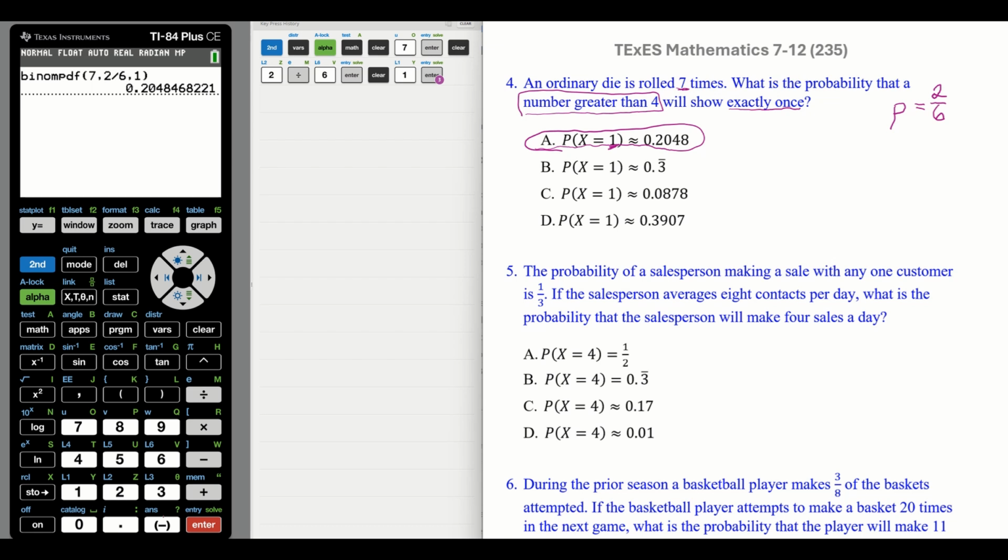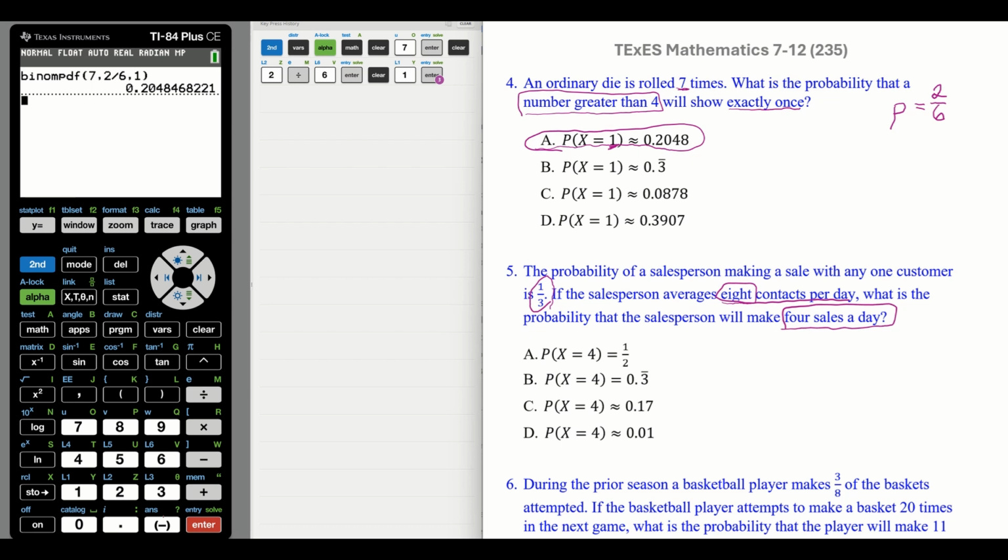Number 5, the probability of a salesperson making a sale with any one customer is 1/3, 1 out of 3. If the salesperson averages 8 contacts per day, what is the probability that the salesperson will make 4 sales per day?